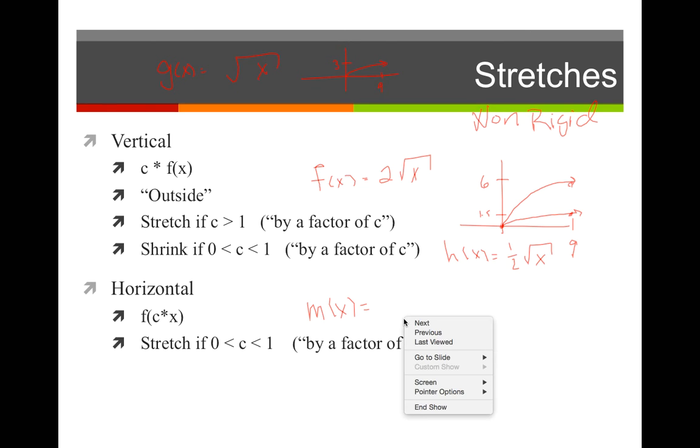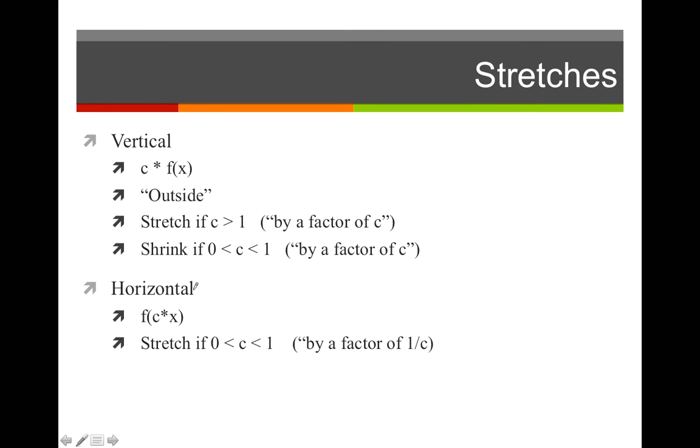Let me erase my pen here. Just a second. So we're going to keep with the square root of x going here. So if I said 1/2 x, this means it stretches by a factor of the reciprocal of 1/2.